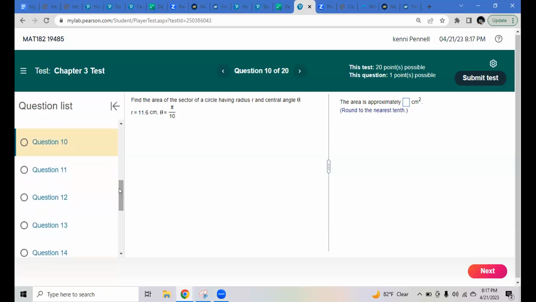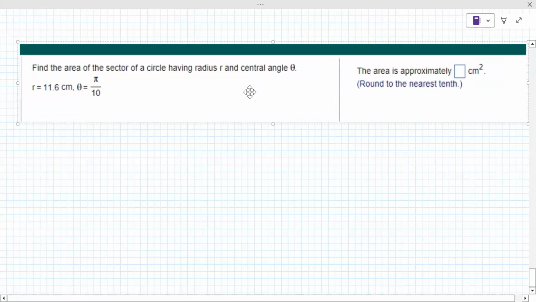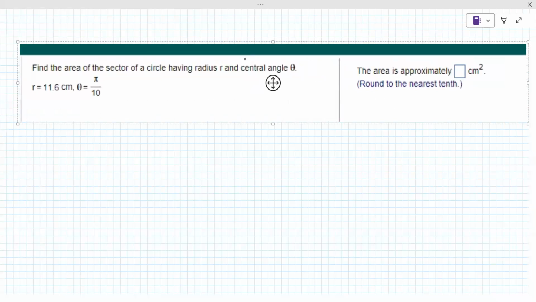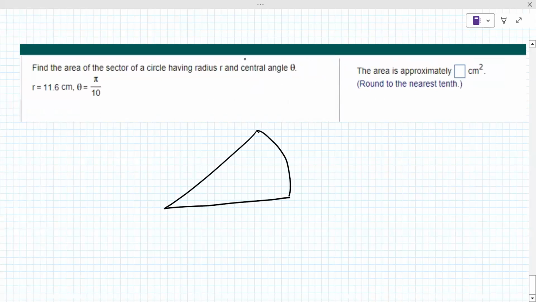Let me grab a snip of this question. All right, so the area of the sector of a circle having radius r and central angle theta. There is a formula, but we are finding the area of the pizza slice here.